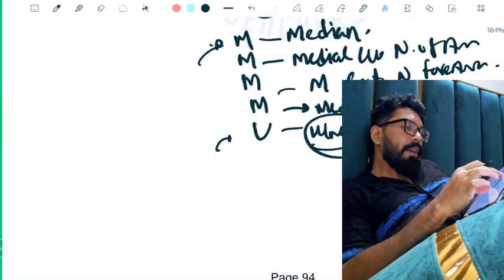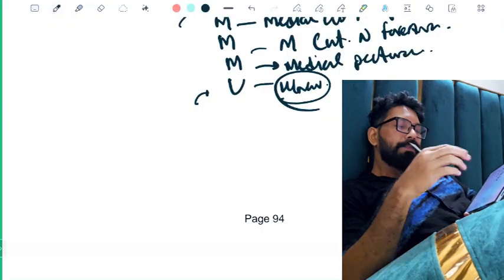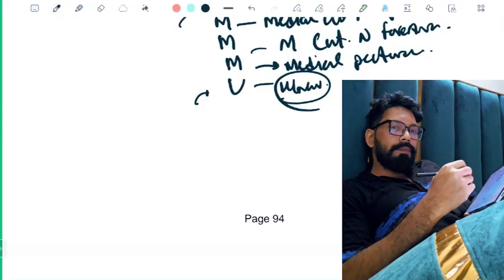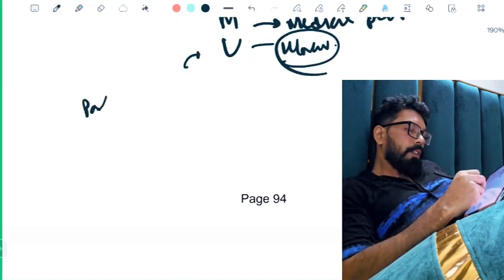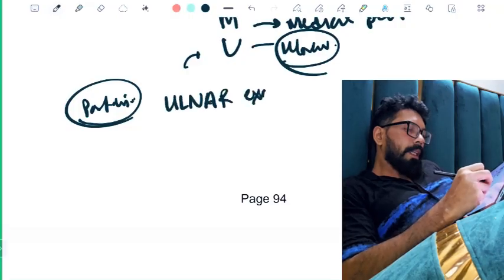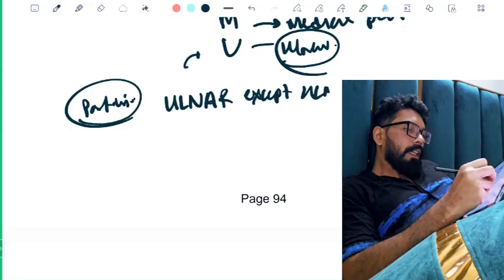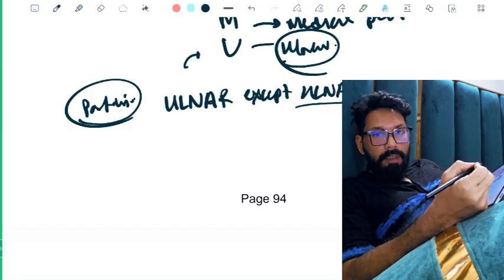Then we have the posterior cord. From the posterior cord we have everything except the ulnar nerve, because the ulnar nerve is from the medial cord. Simple.